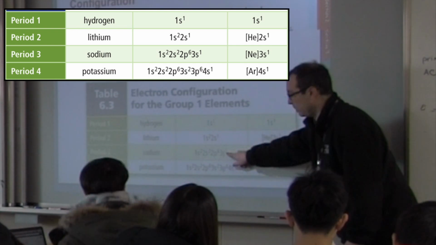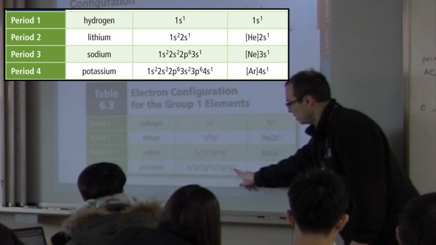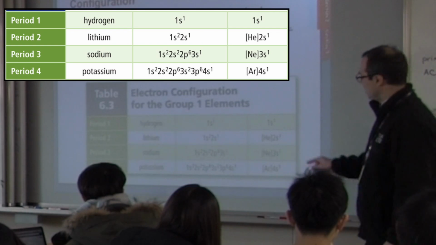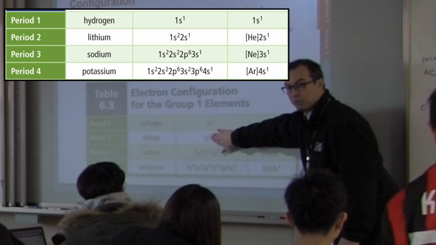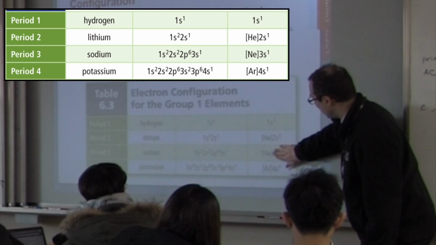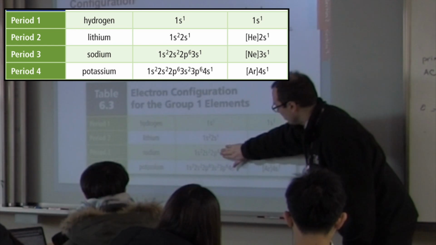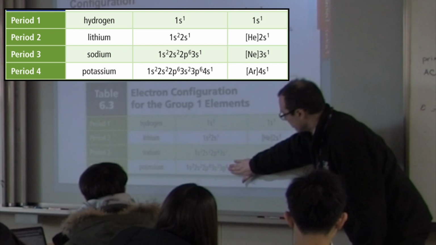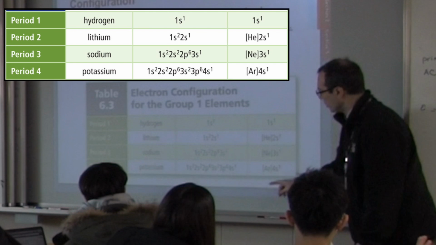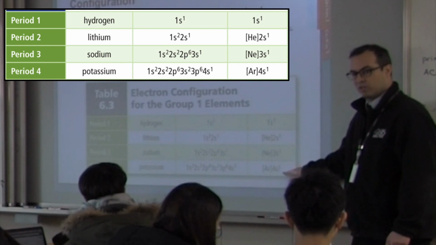The 3s1 appears here, and the 4s1 appears here. Well, what that means is that the He is really everything except for that last one, and that the Ne is everything except this last one, and the Ar is everything except this last one. So we're sort of writing abbreviated versions over here.